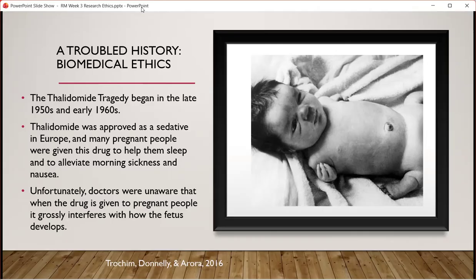And so it was approved and widely prescribed across Europe. However, the doctors were unaware that when the drug is given to pregnant people, it grossly interferes with how the fetus develops. And as you can see, here's one of the thalidomide babies who has flippers instead of fully developed arms and hands and legs and feet.